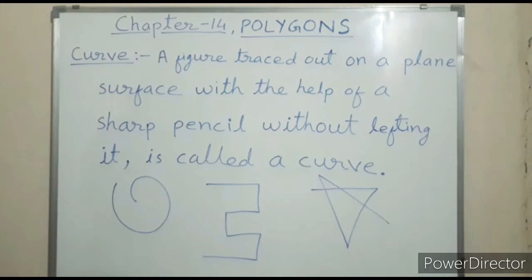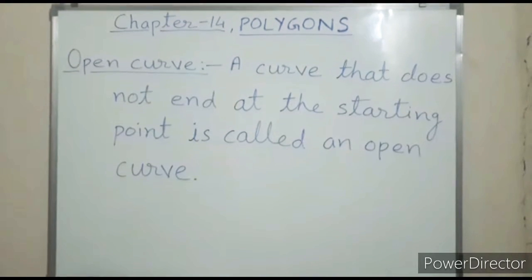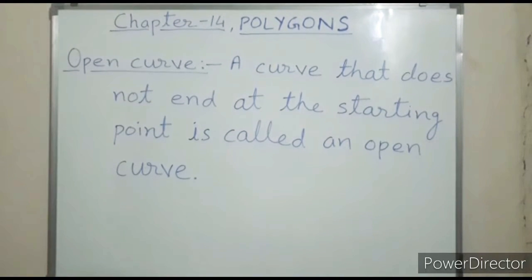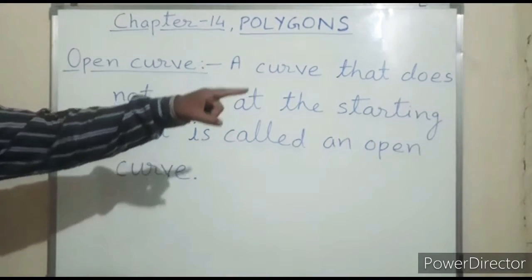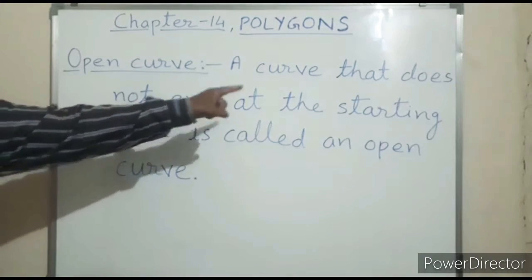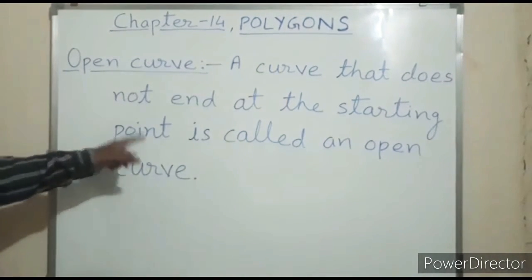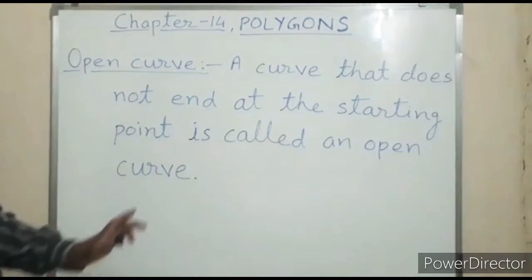Now we will see the open curve and closed curve. Now see open curve. A curve that does not end at the starting point is called an open curve.